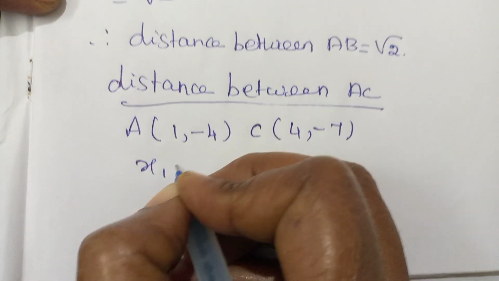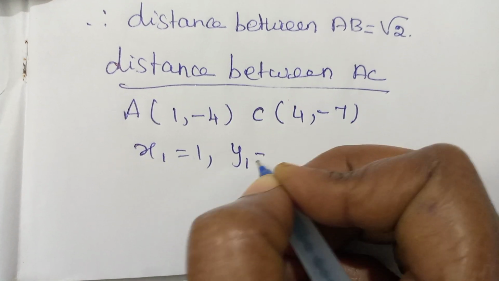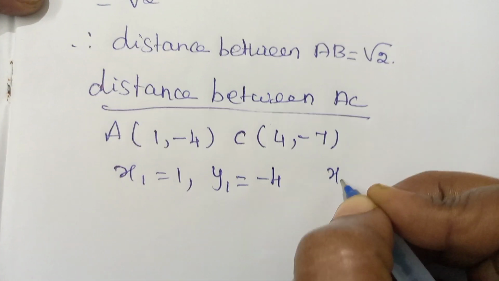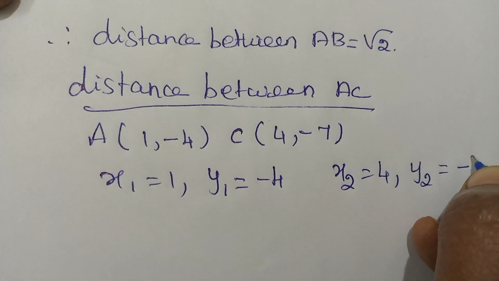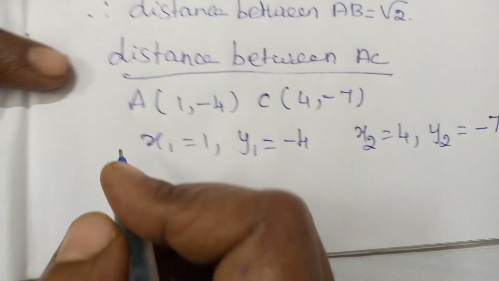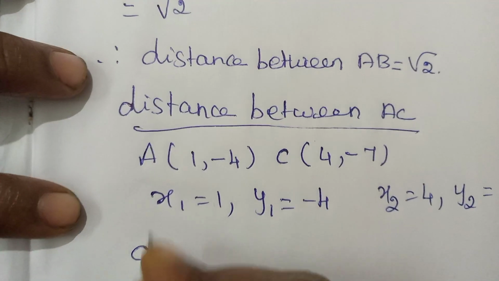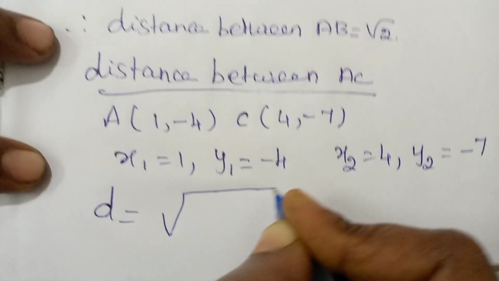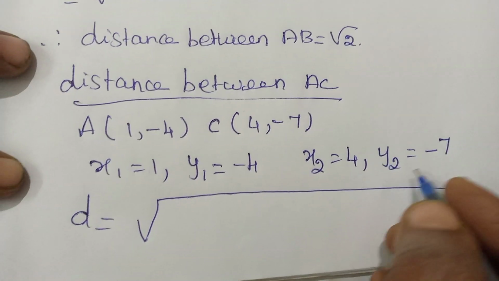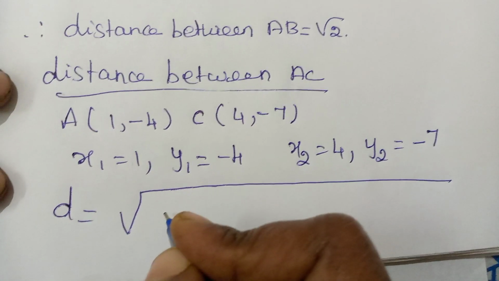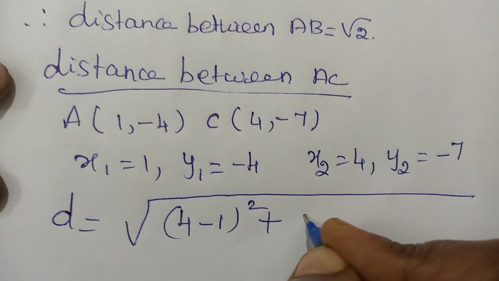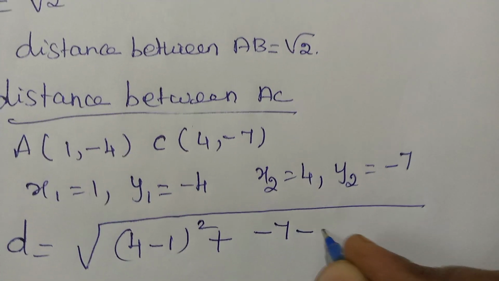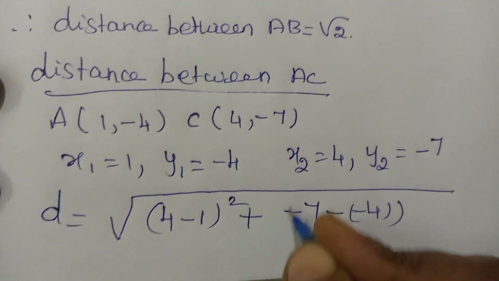That is x1 equal to 1, y1 is equal to minus 4, x2 equal to 4, y2 is equal to minus 7. So d is equal to square root of, substitute the values x2 minus x1, that is 4 minus 1 the whole square plus minus 7 minus 4 the whole square.